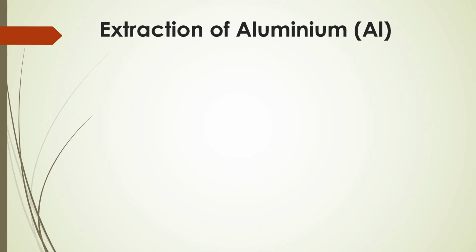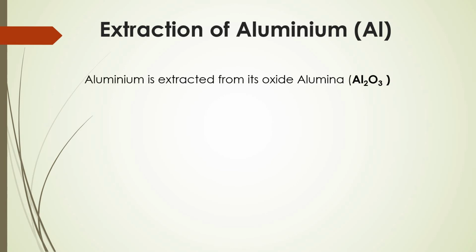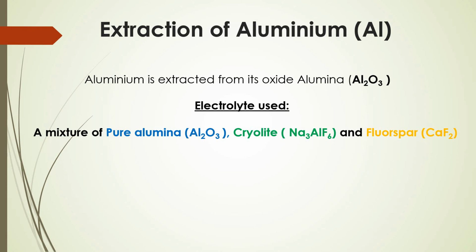In the same way, aluminium can also be extracted by electrolysis. Now, aluminium is extracted from its oxide, and the oxide of aluminium is known as alumina, and formula is Al2O3. Now, alumina is a very, very stable oxide. Therefore, it requires high energy, and therefore we follow the process of electrolysis.